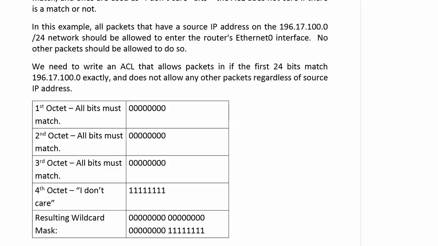The 4th octet's going to be all ones, I don't care. And you'll notice it is kind of inverse from the subnet mask itself of /24, because we know that's 24 ones followed by 8 zeros. But our wildcard mask for that particular subnet, it's going to be 24 zeros and then 8 ones, because the first 24 bits have to match exactly, and that is wildcard mask logic.